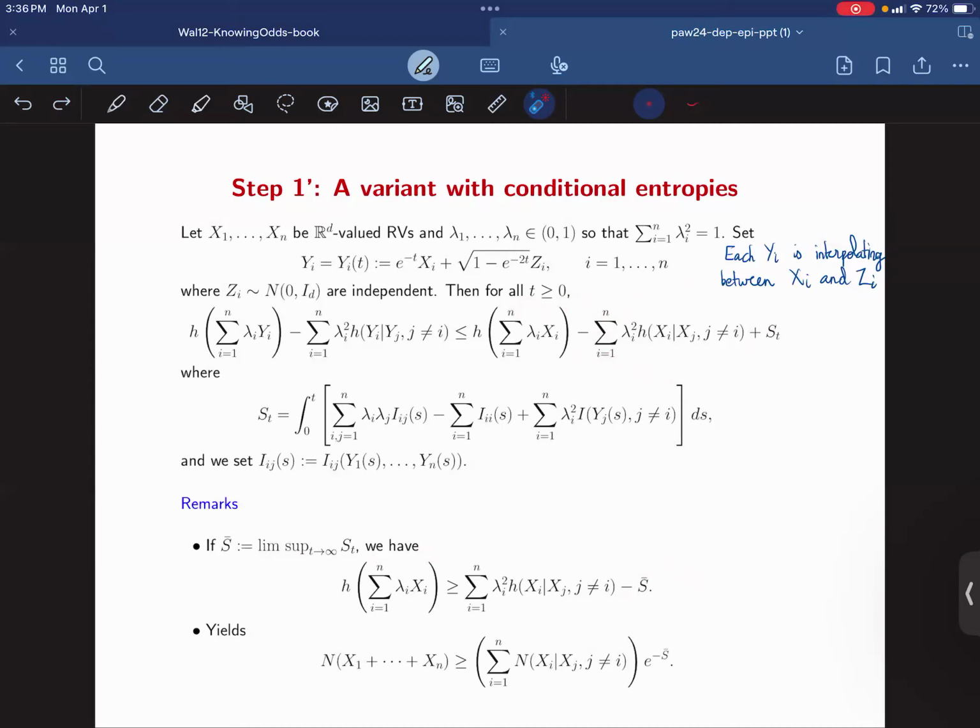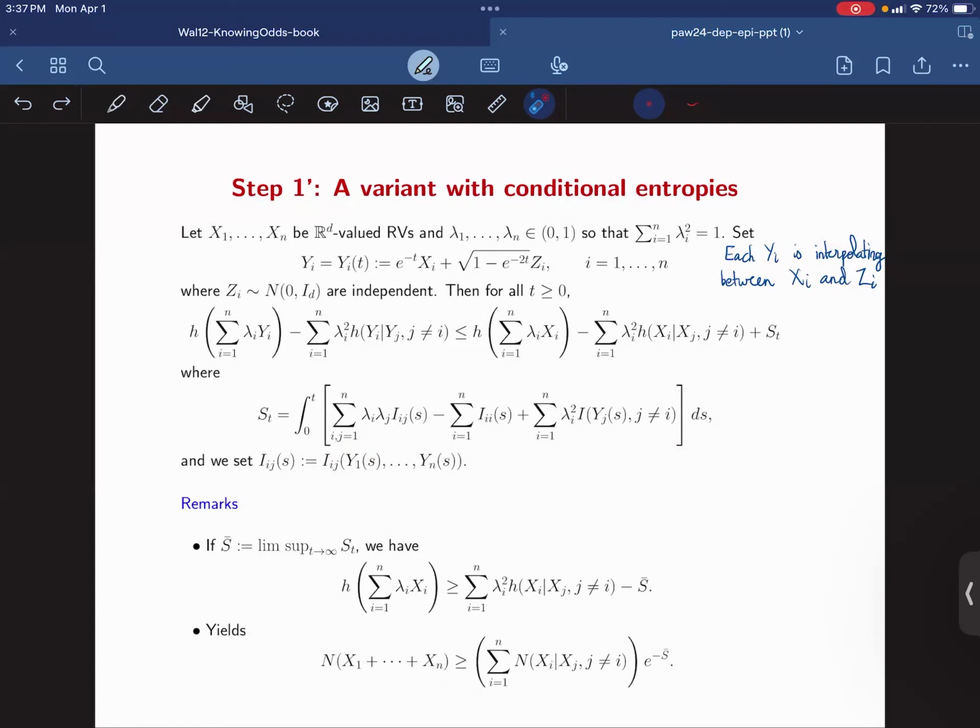So we get this form, and then here we have these lambda i's, which are free parameters. If you optimize over these parameters lambda i, subject to the constraint that the sum of the lambda i squared is 1, you get exactly this entropy power inequality for arbitrary dependent random variables, but with an error term. So let's look again at what this error term is. This error term is an integral from 0 to t of some object.